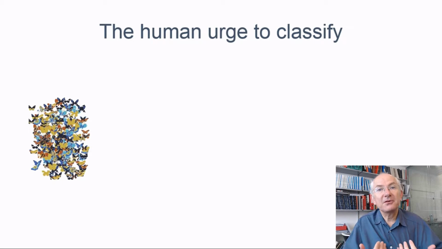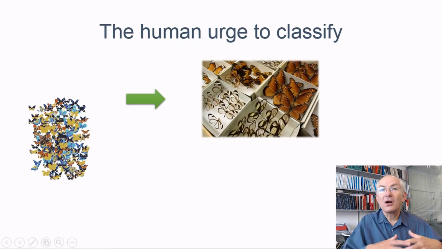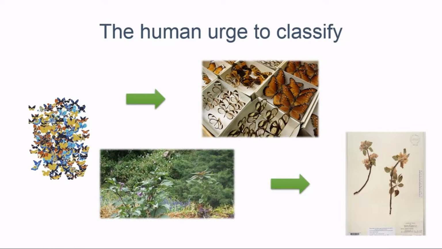Now, we've developed that process scientifically over the years, and some of the big collectors of the 19th century were well known for making large collections of organisms and classifying them into similar groups for display, such as this, either of butterflies or plants or other things.